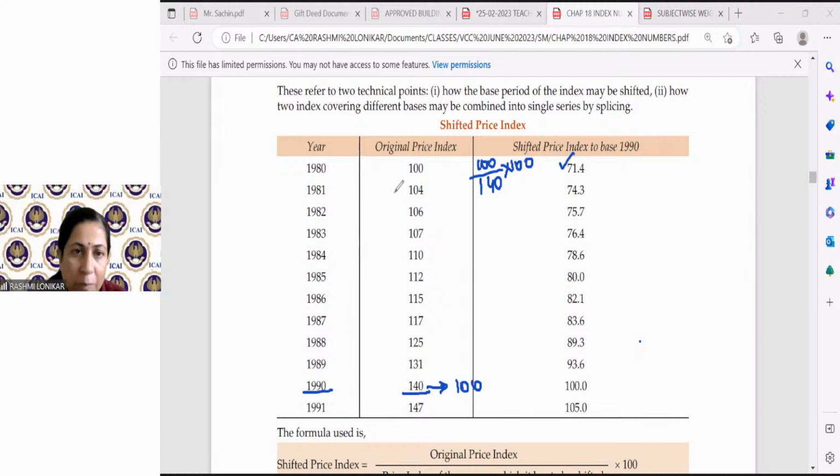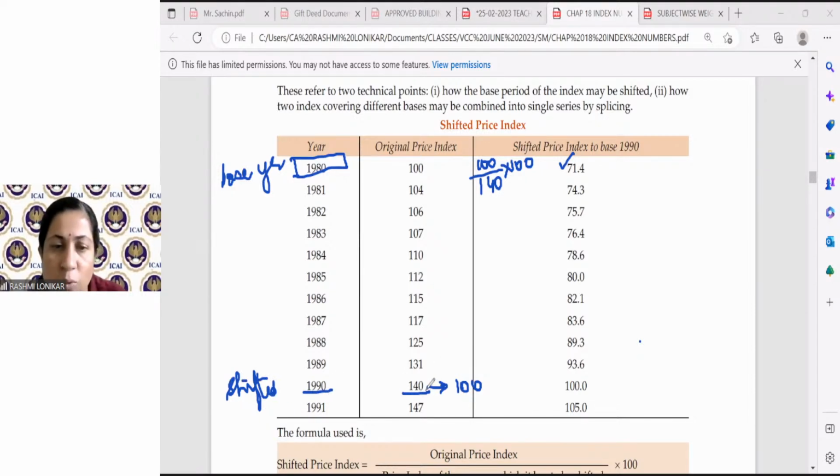Originally this was my base here. Now I have shifted my base to 1990.